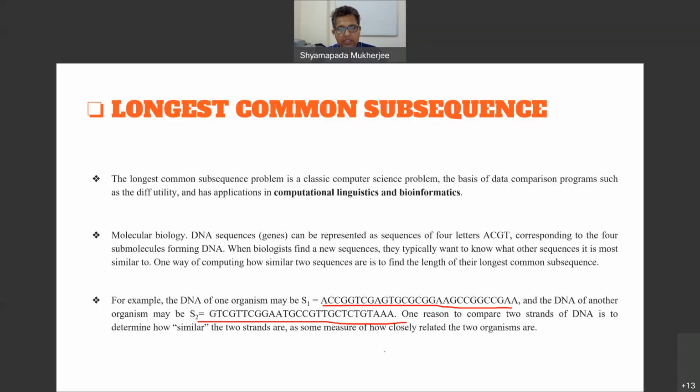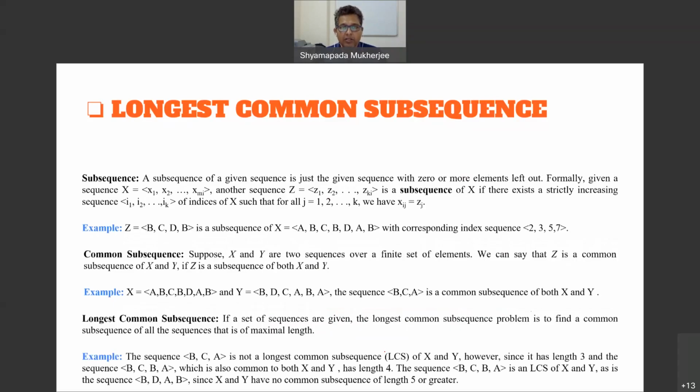So this is an application of the longest common subsequence, but we are interested in solving the problem when you have two sequences and we want to find out how similar they are.